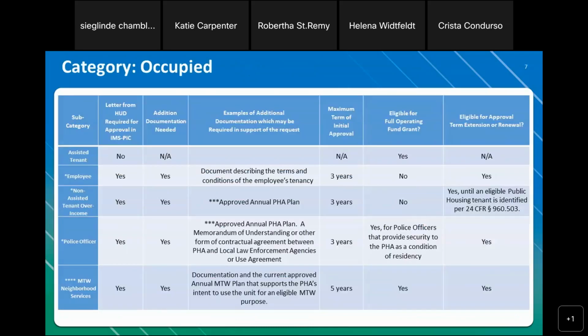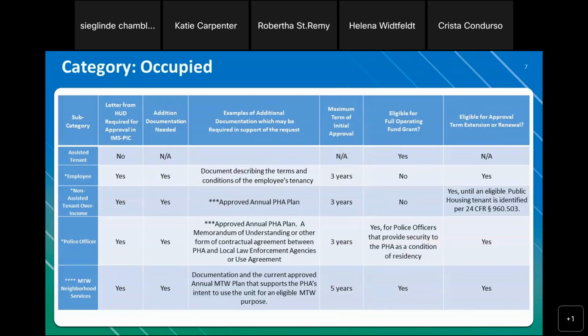Here you see probably the most important table that you can also see in reference to 2021-35 in table 1.0. Here we are essentially giving you the layout of the assistant tenant units on the left, the categories, and whether a letter to HUD needs to be submitted, yes or no, and whether additional documentation may be required.